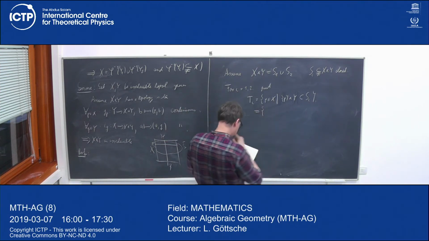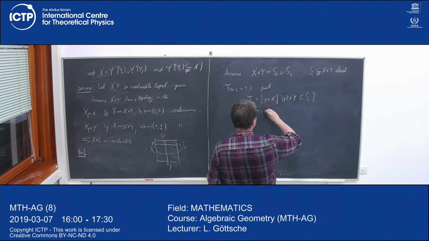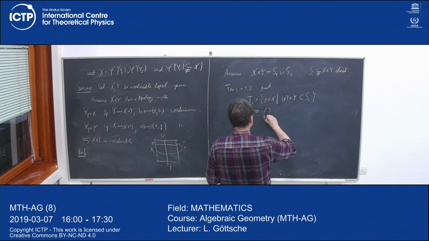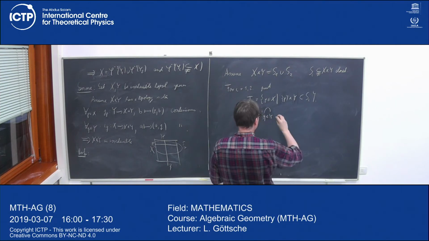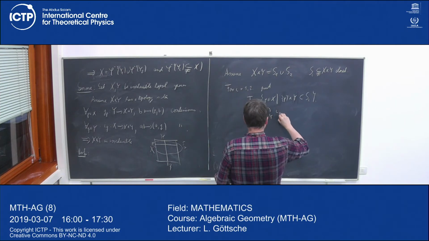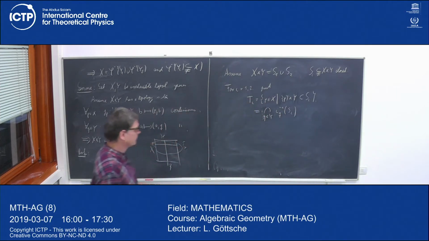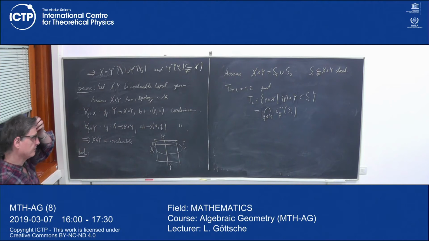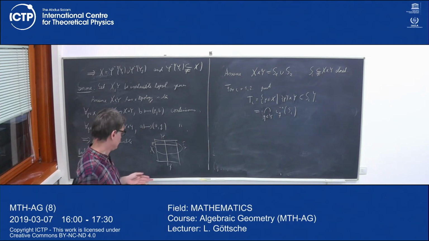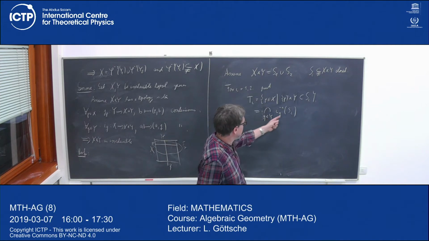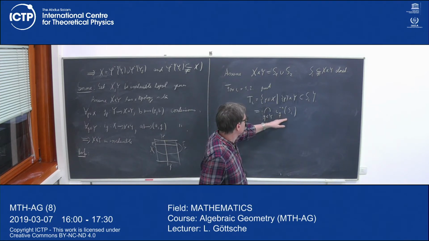So we can write this as the intersection over all q in Y of i_q to the minus 1 of Si. Because i_q to the minus 1 of Si means that the whole fiber lies there. Is this correct?